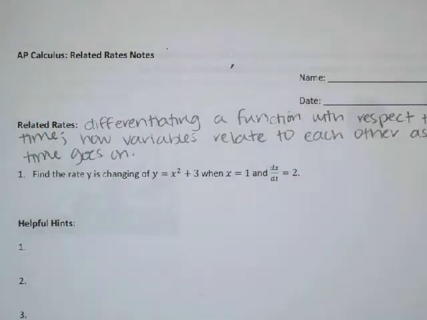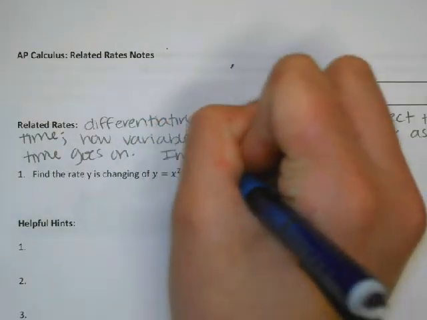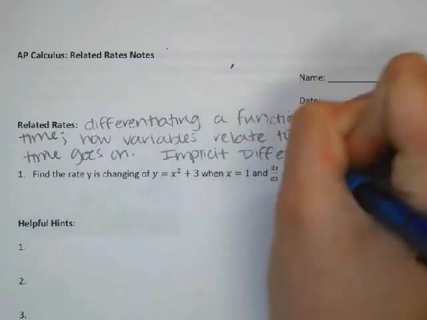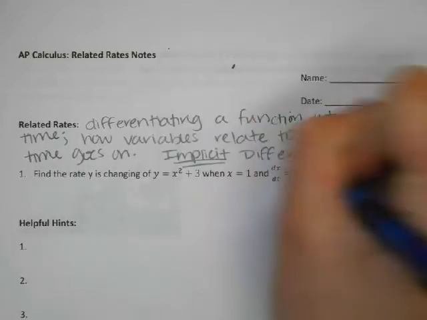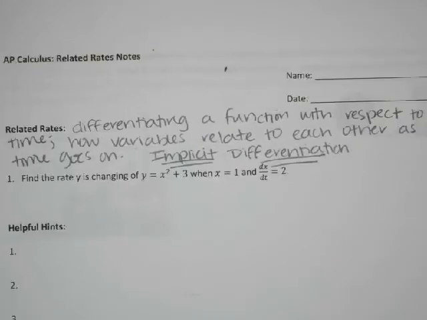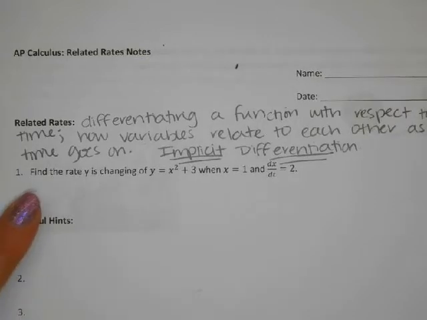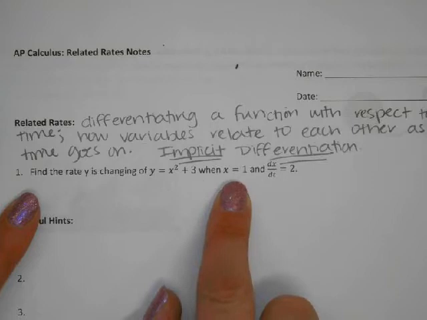The key to remember here is that we are going to be using implicit differentiation. And you need to highlight that or star that or whatever, just to make sure that you remember that, because that's very important.